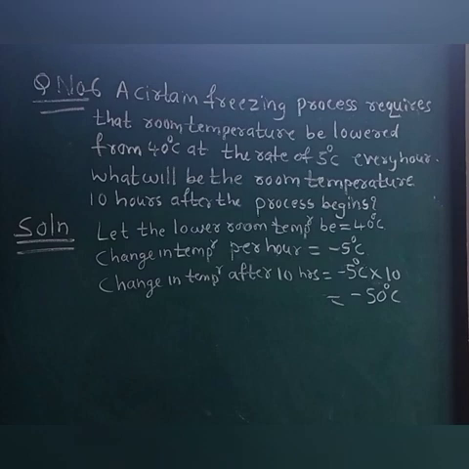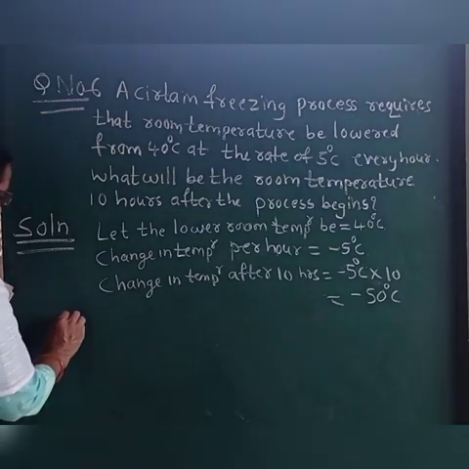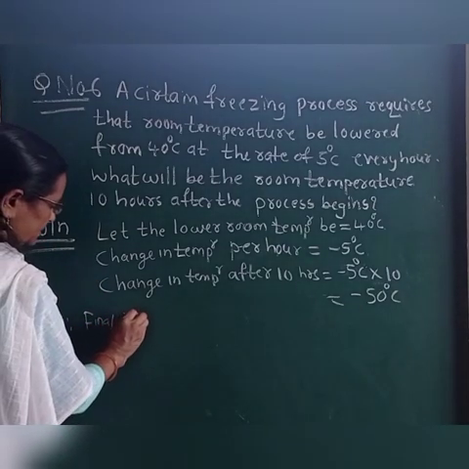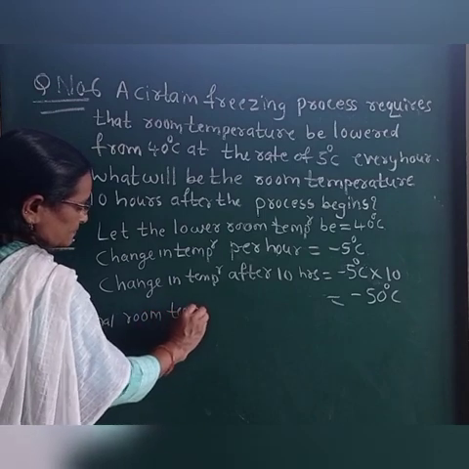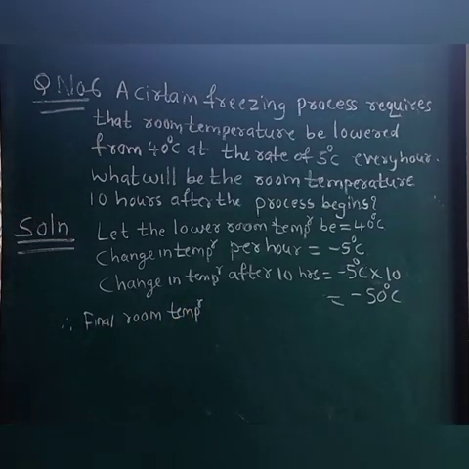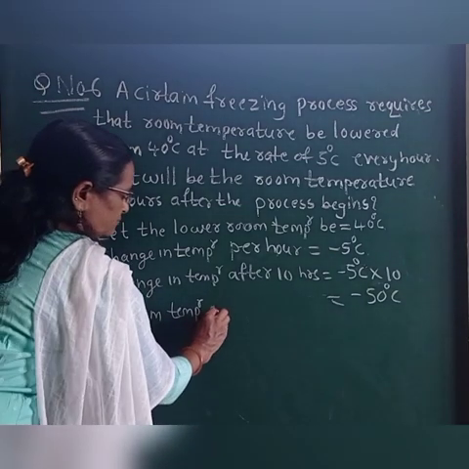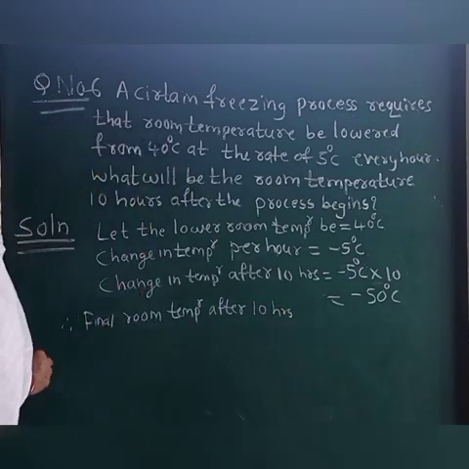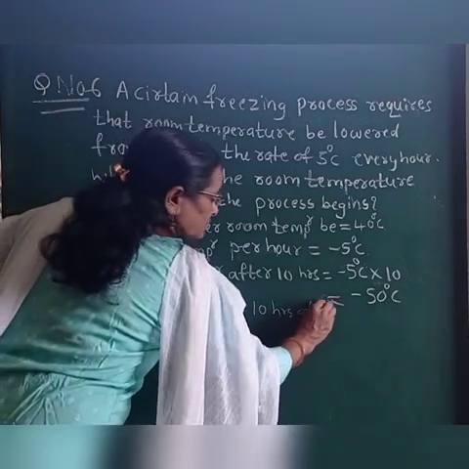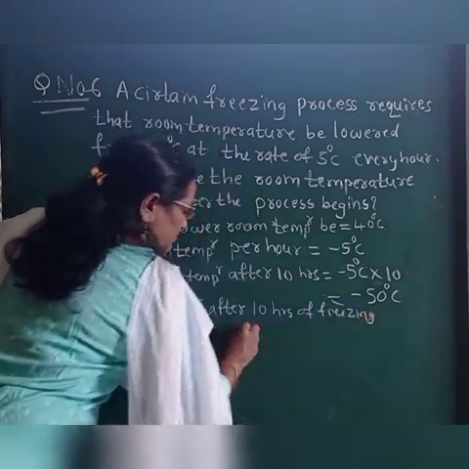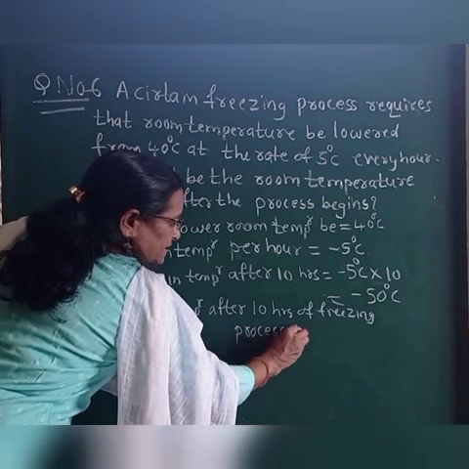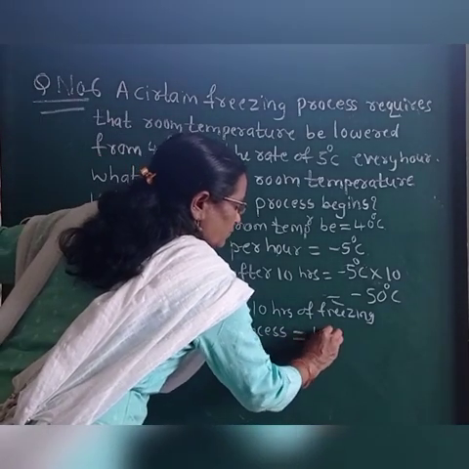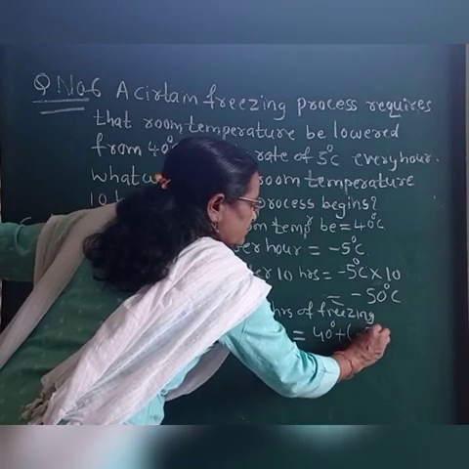So, therefore final room temperature after 10 hours of freezing process is equal to 40 degrees plus minus 50 degrees Celsius.